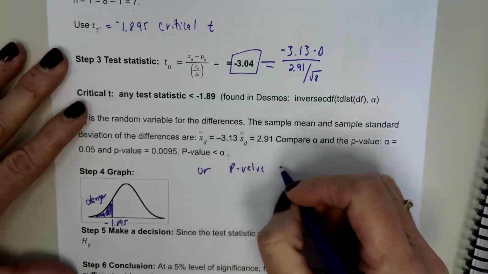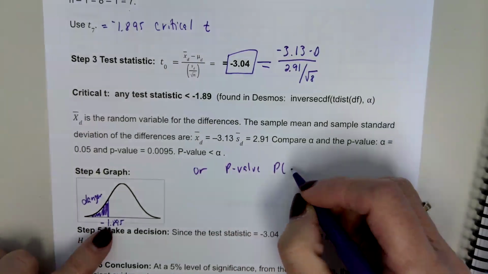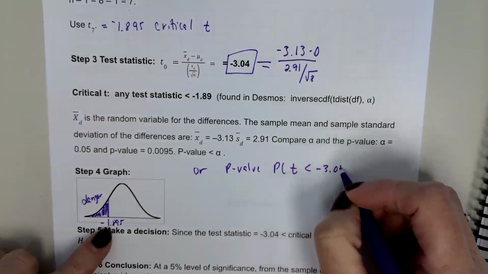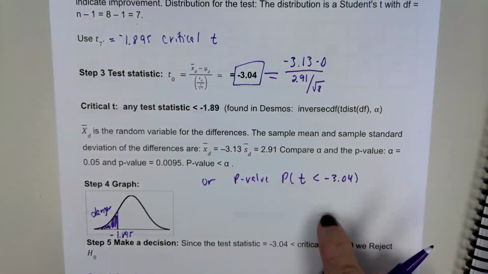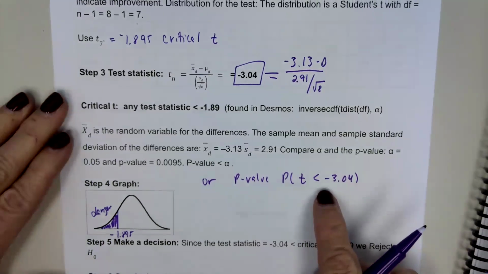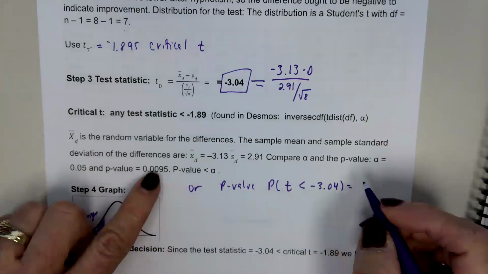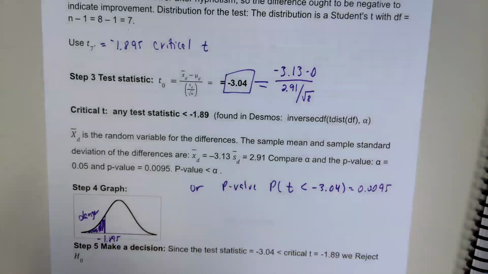The p-value is an extreme value, and because we are doing a left tail test, we're testing to see a t less than a negative 3.04 using our test statistic here. And you can see that comes out to be 0.0095, maybe 0.0094.